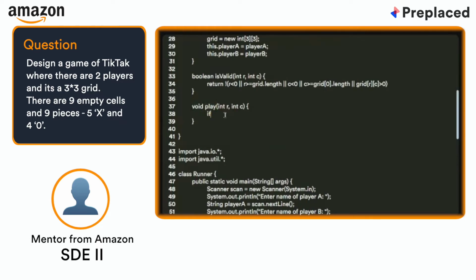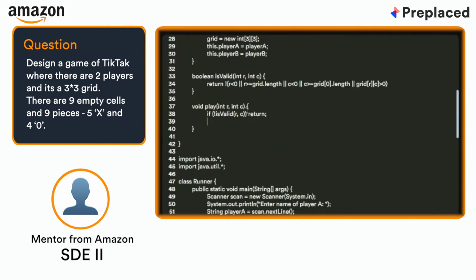Void will check if is valid first, row comma column, because I won't be calling my play function without using is valid, but in future there might be changes which might call play before checking is valid. So that's why I have added this here. If not is valid, I will return because I can't play this particular scenario.